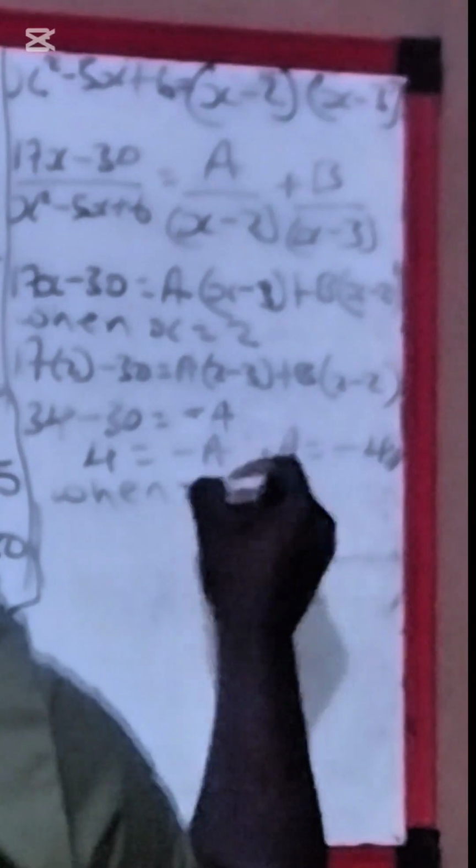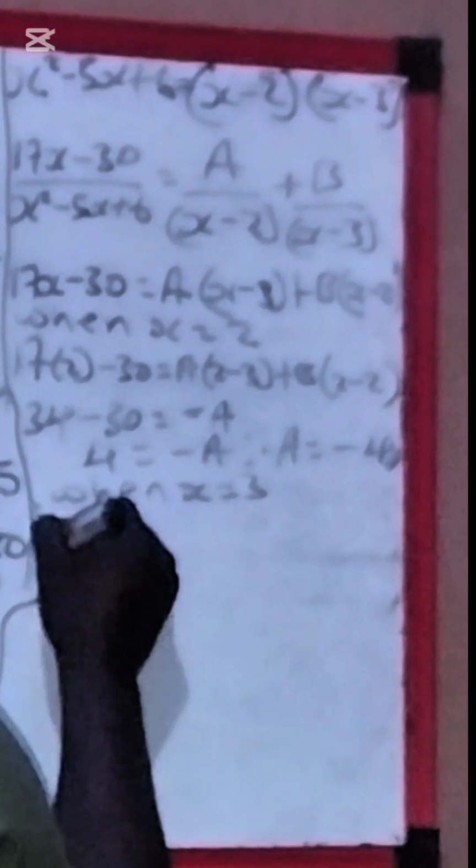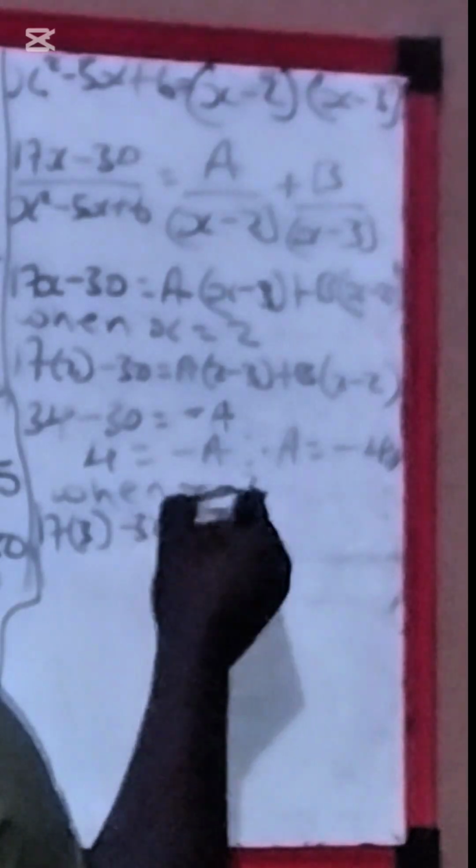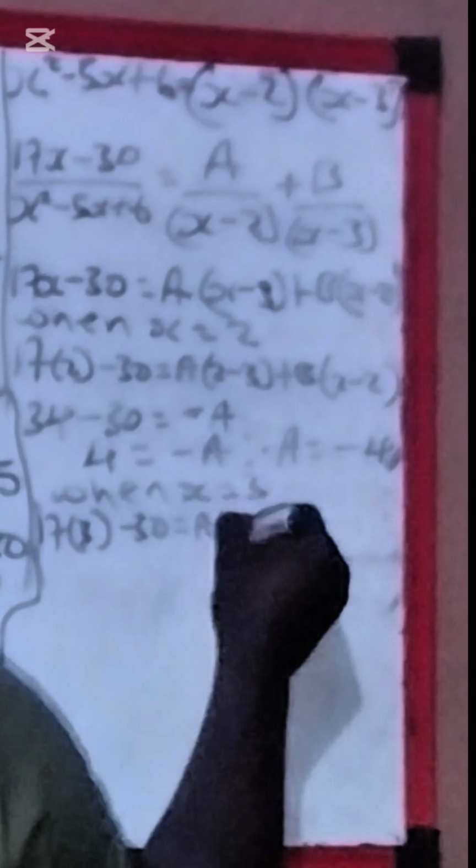So when x is 3, the same method here will still follow, which will give us 17 brackets 3 minus 30 equals a brackets 3 minus 3 plus b brackets 3 minus 2.